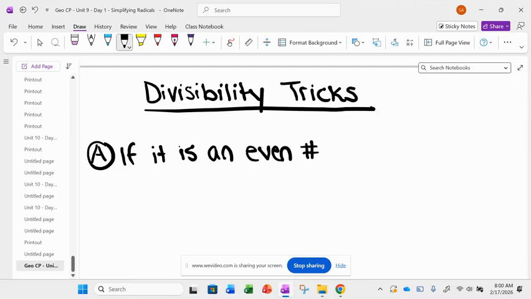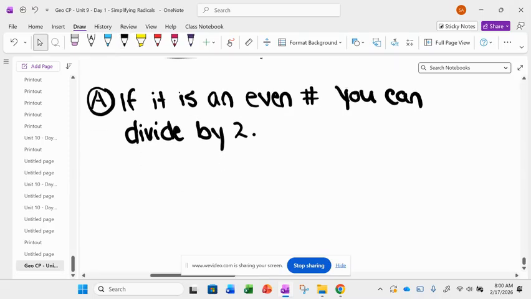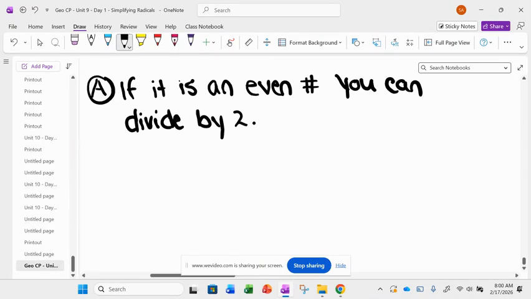Aren't those all even numbers? So if it's an even number, you can divide by 2. We know the first 3 I'm writing, I think you probably already know.